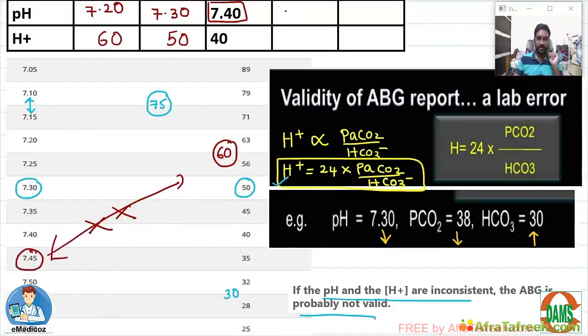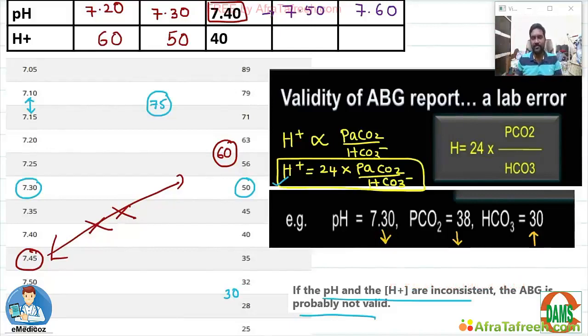Now if you go to this side, 7.50, 7.60. If pH has increased from 7.40 to 7.50, what should happen to H plus? Whenever H plus increases, it is acidosis. When H plus decreases, it should be alkalosis.